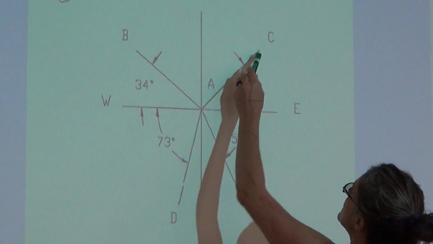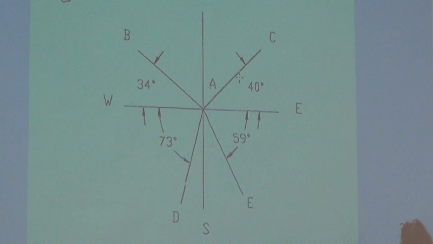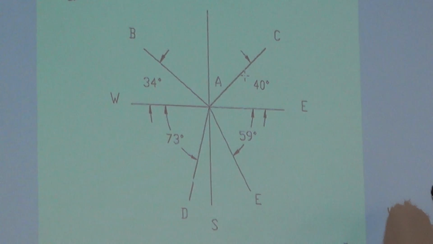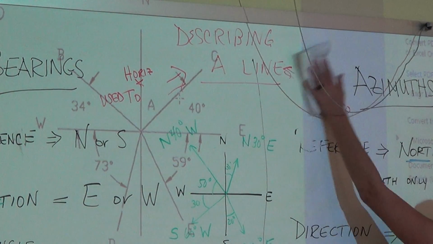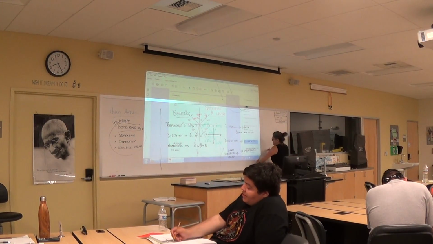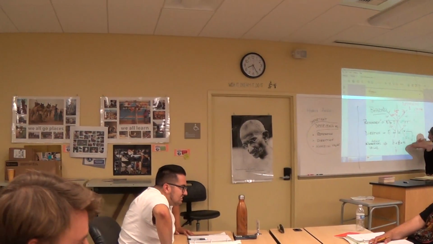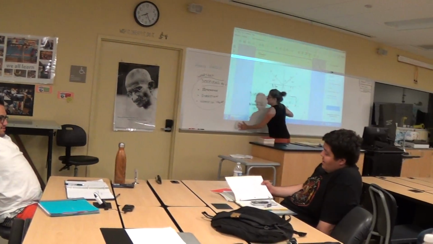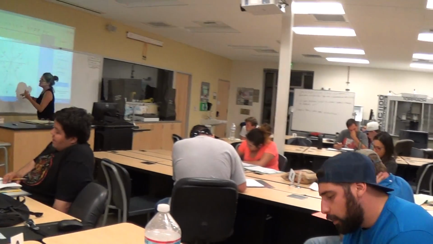Do the azimuth from A to C, A to E, A to D, A to B. Can I erase the whiteboard so we can do it right on here? Okay, so I'm going to make a little box here.